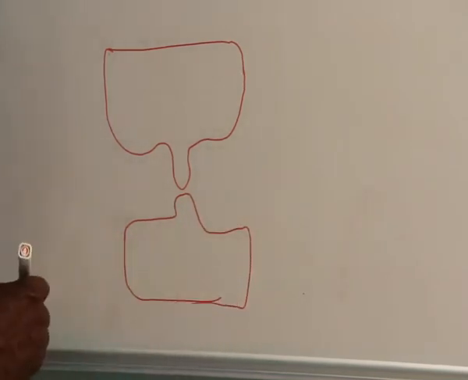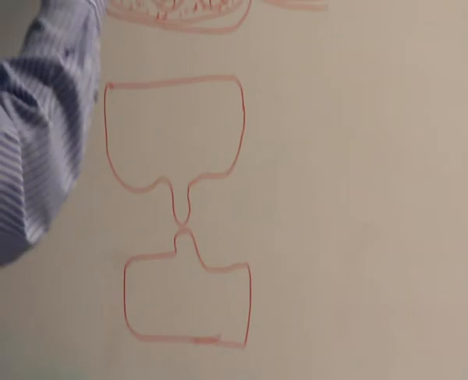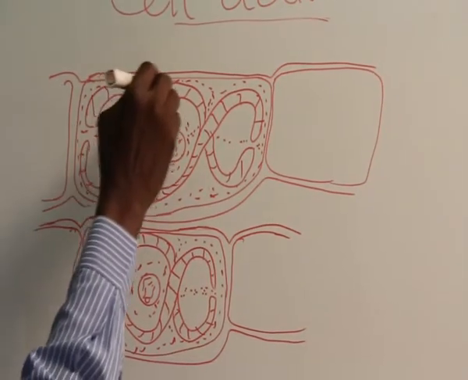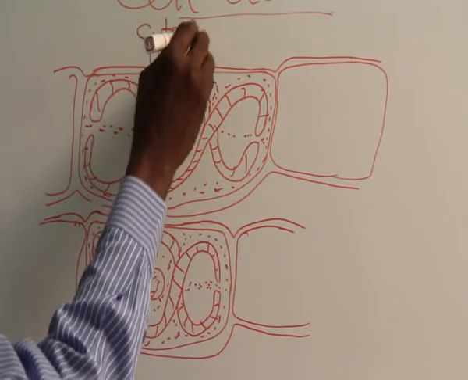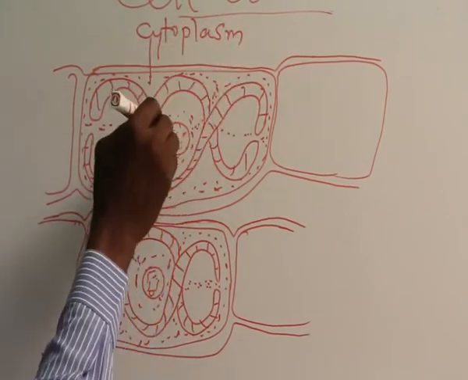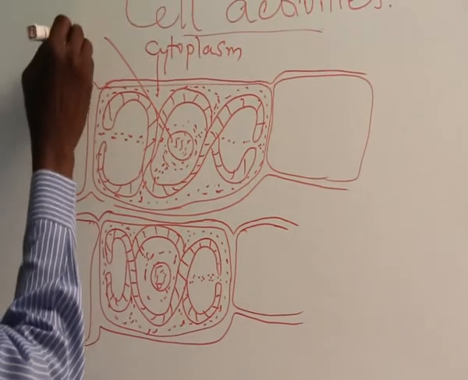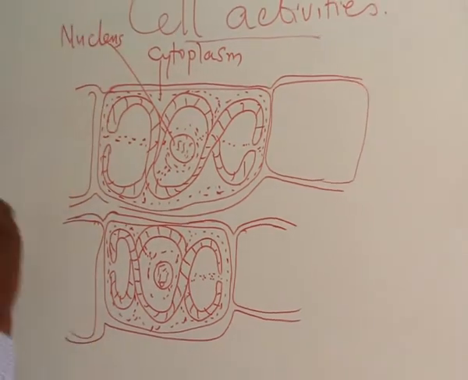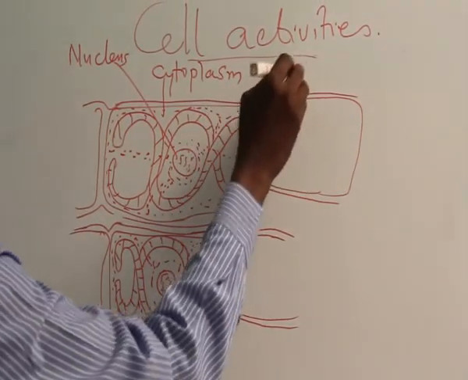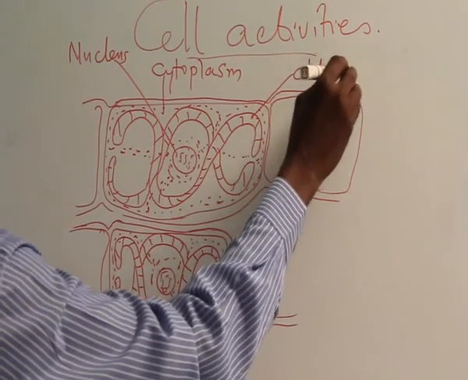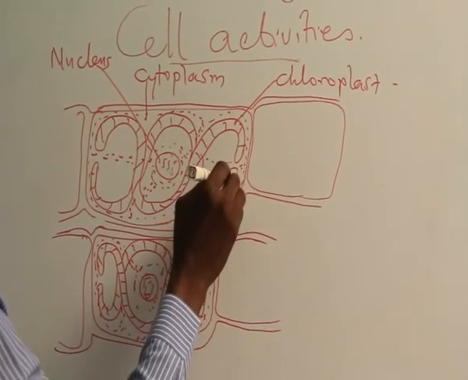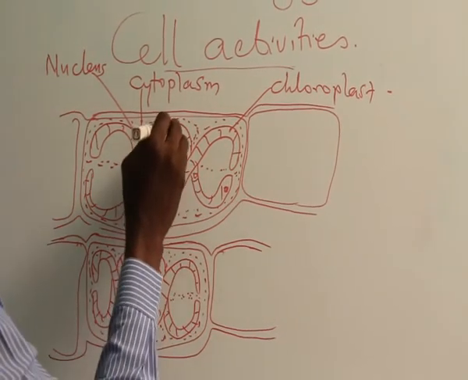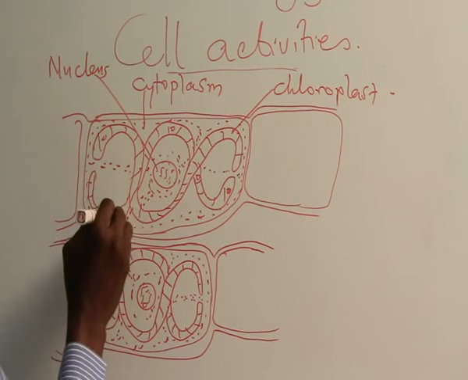Here are the two cells. Meanwhile, the cytoplasm, nucleus, chloroplast, protein body known as pyrenoid in the chloroplast.